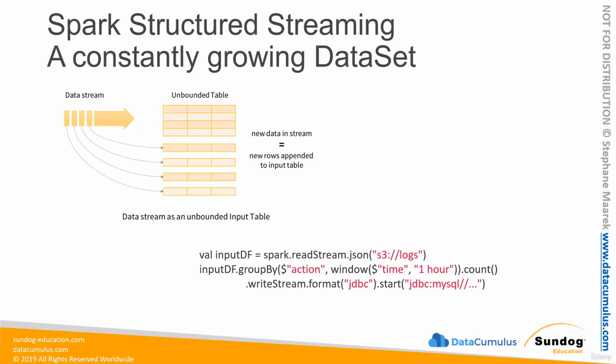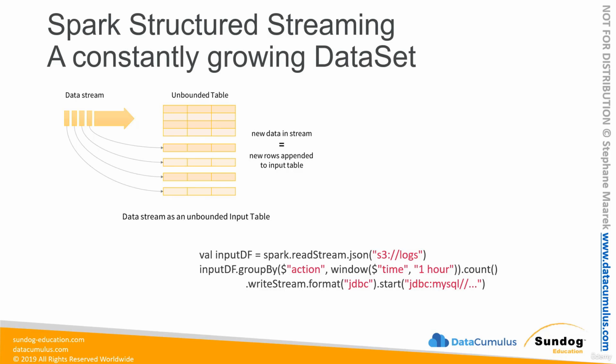You see here in this example, we're reading in a stream of JSON data from S3 in the logs directory. We're grouping that by their action field. And we're establishing a window over the past 1 hour and just counting them up in this example. We then output that result through the JDBC interface to some MySQL database somewhere.